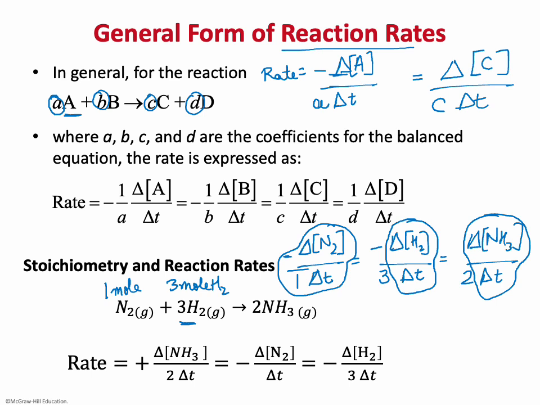Okay, so if I know the hydrogen rate, then I can figure out the nitrogen rate. Just take the hydrogen rate divided by 3, and that is the rate of nitrogen. So these relationships can help you figure out the rate with respect to one reactant or another.